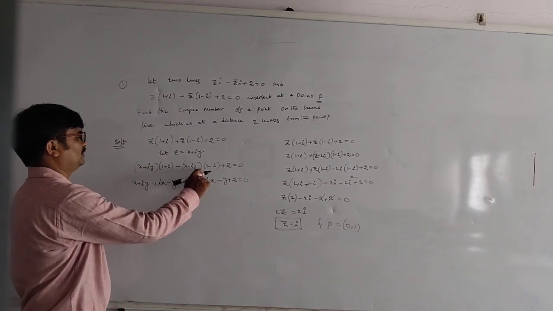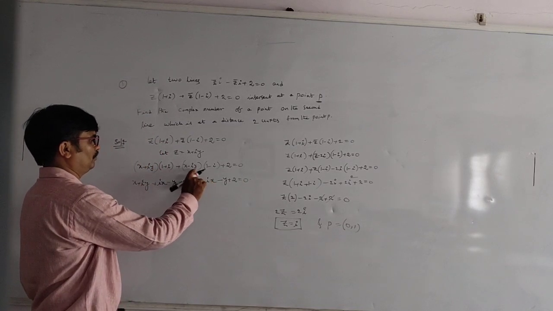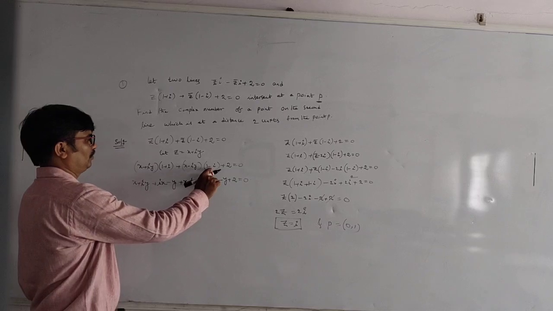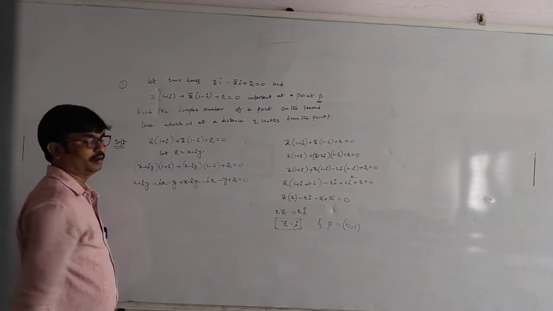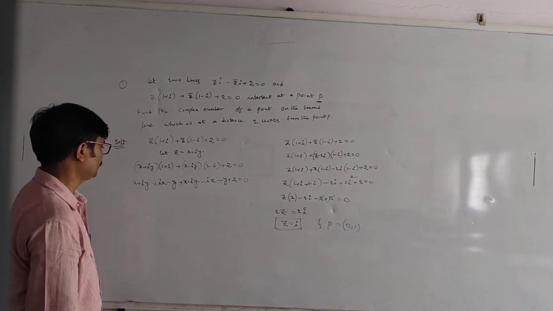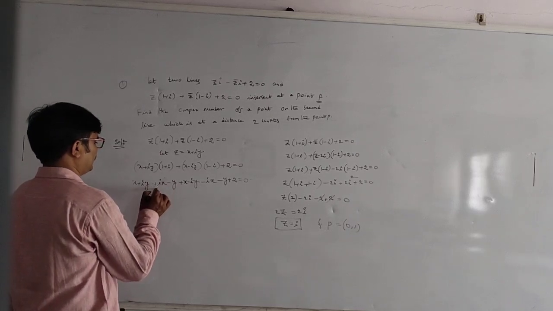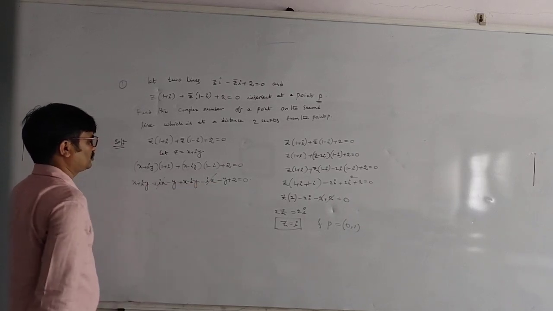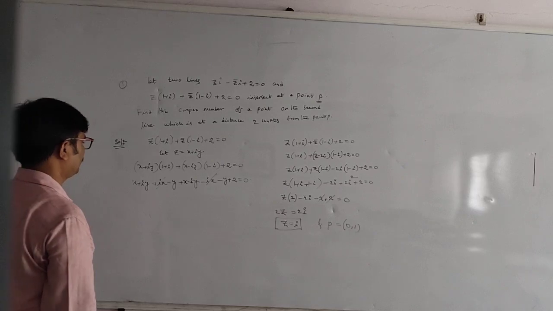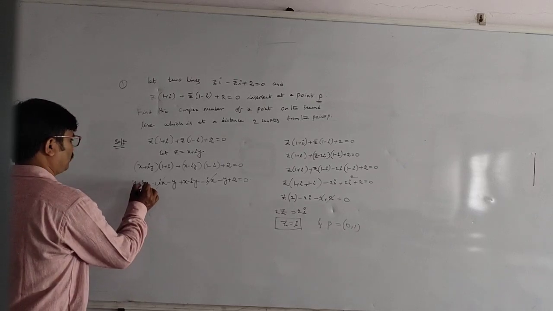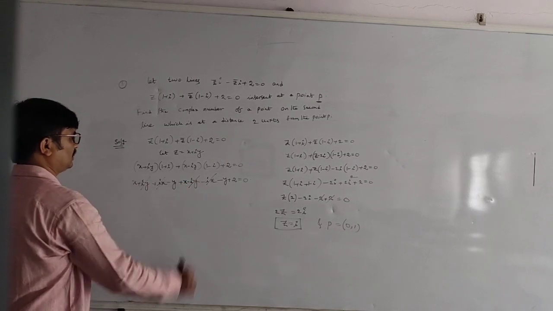So here plus ixy and minus ixy cancel. After that, plus iy and minus iy also cancel.